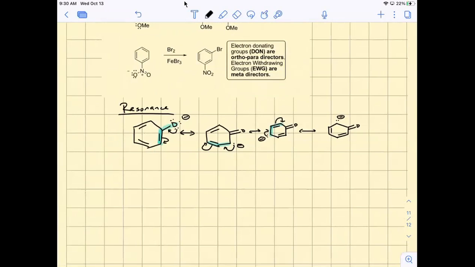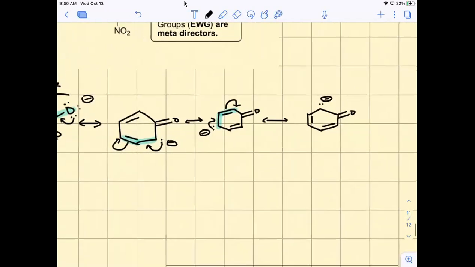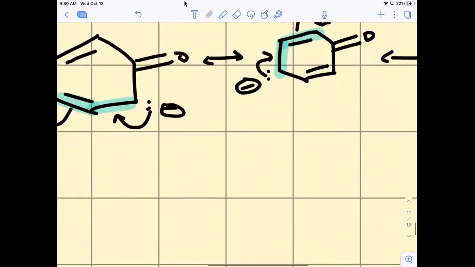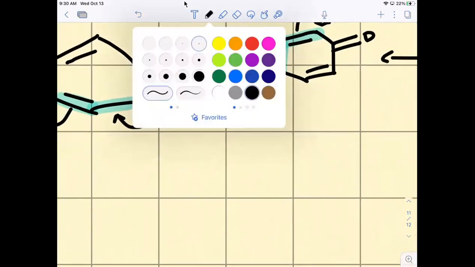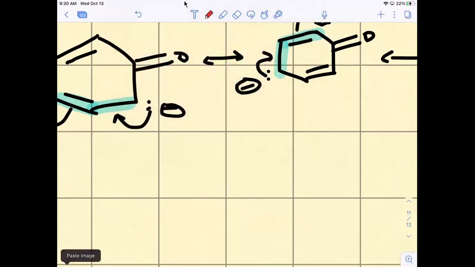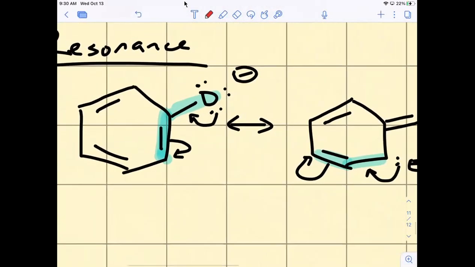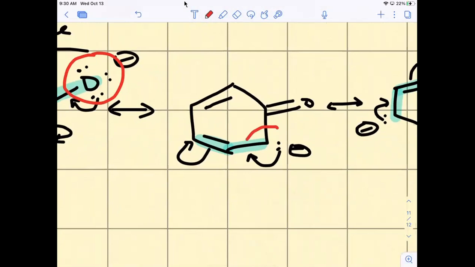So what you notice in the resonance forms is that the position immediately adjacent to where we started out, the ring substituted with this oxygen, right next door to that oxygen, has a pair of electrons.